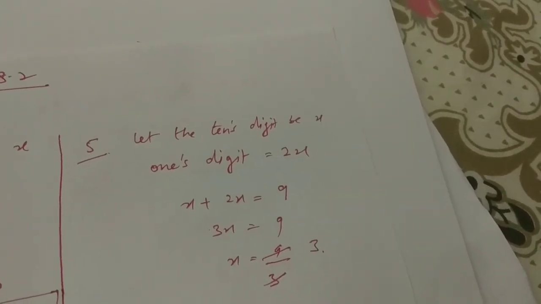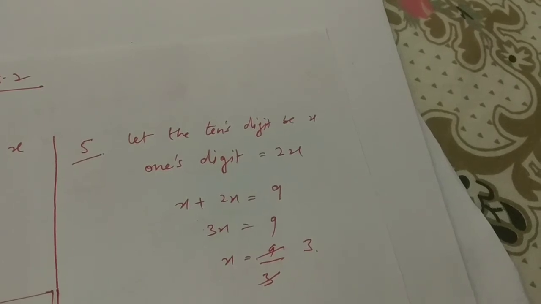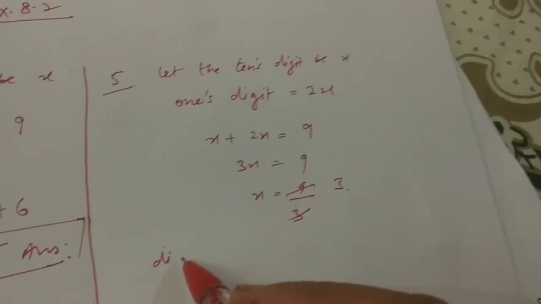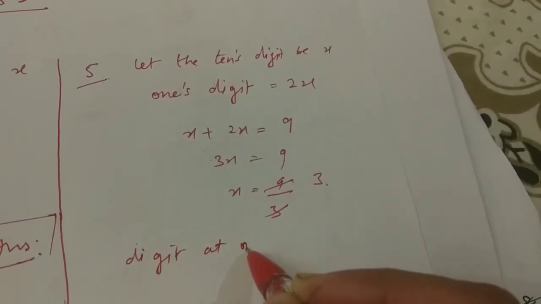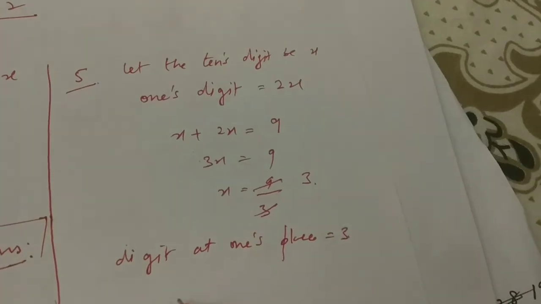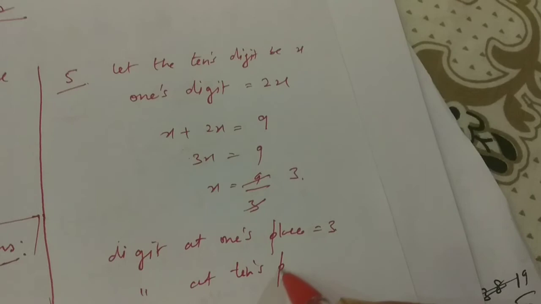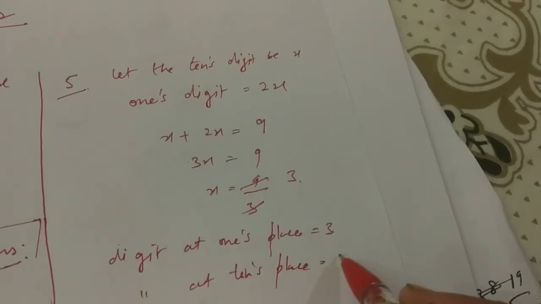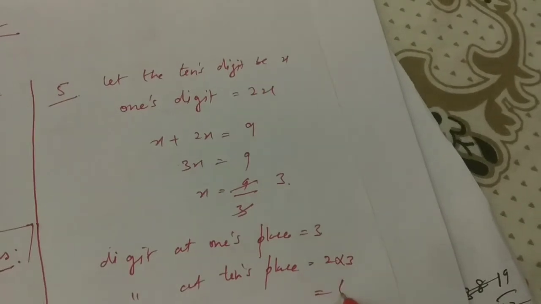So digit at tens place would become 3, and digit at ones place would become what? 2 into 3, that is 6.